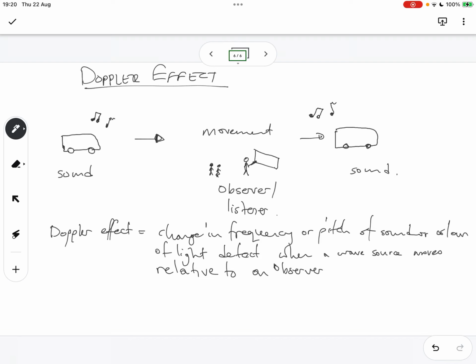Okay, so when a car approaches, the sound waves are compressed in front of the car, so the waves are pushed in front of the car, but they are stretched behind the car. All right? So they are stretched behind the car.